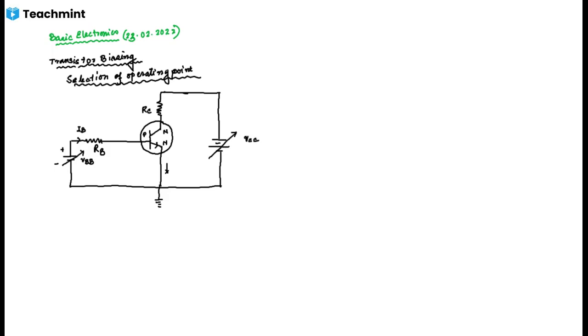VCC, this is plus, this is minus, and this is the IC current flowing this way.